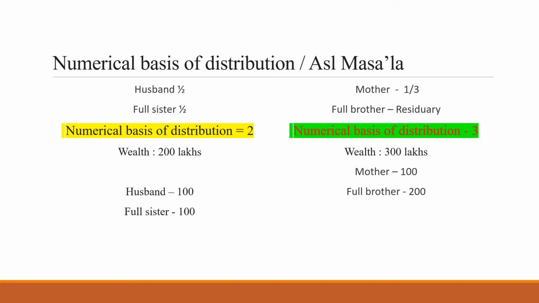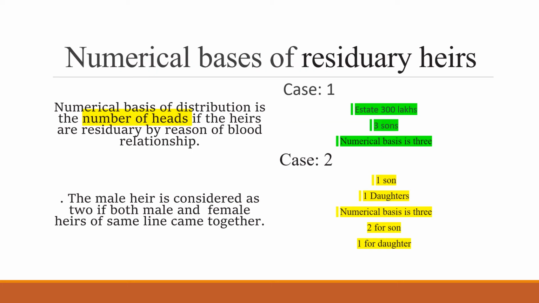That will come very shortly in this presentation. So the numerical basis is 3, and for example the wealth is 300 lakhs. This 300 lakhs will be divided into 3. 100 goes to the mother and 200 goes to the full brother, and 3 is the numerical basis. I just brought this example for you to understand the concept, the idea of numerical basis. Then we can move on.